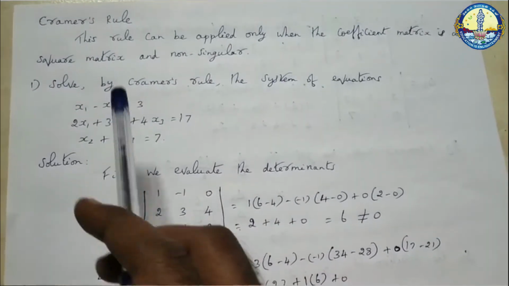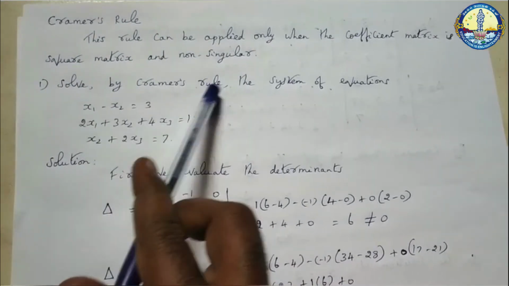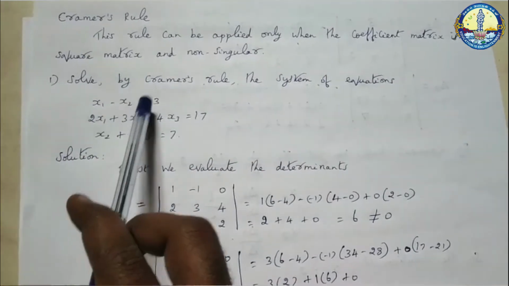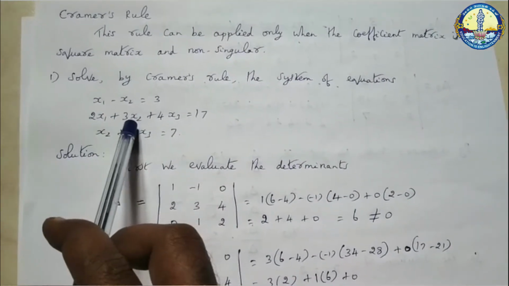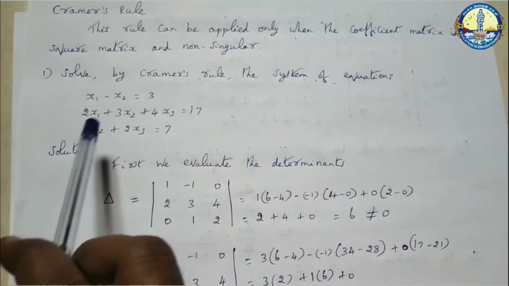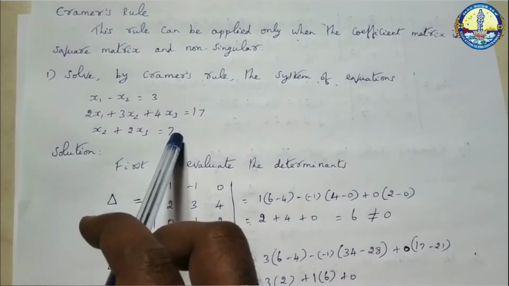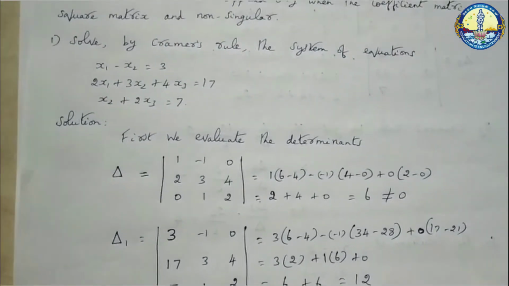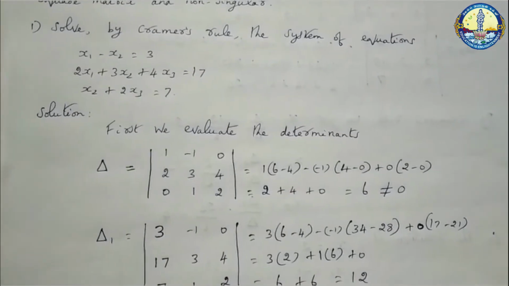So the given equations are solved by Cramer's rule: the system of equations x1 minus x2 equals 3, 2x1 plus 3x2 plus 4x3 equals 17, x2 plus 3x3 equals 7. Cramer's rule means first we have to find the determinants.